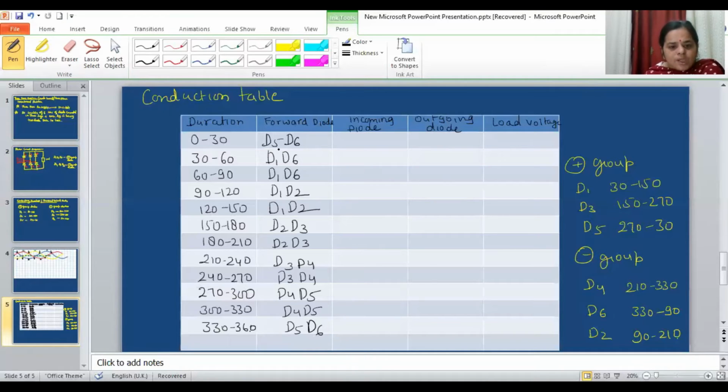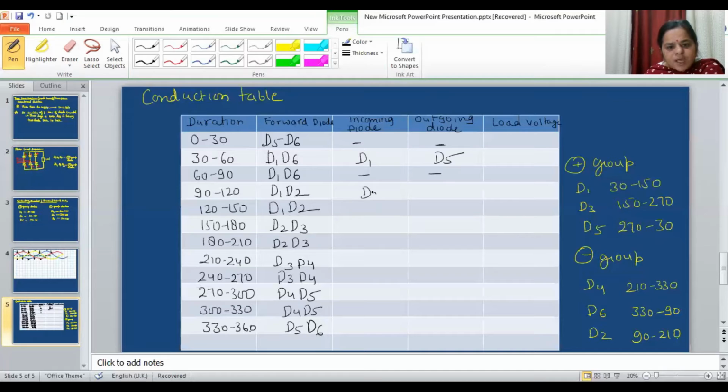Now here the incoming diode is not any, because the duration before 0 is this, so there is no incoming, since here also D5, D6, and 0 to 30 also D5, D6. Outgoing also there is none. Here, the new diode coming into the picture is D1 and the outgoing diode is D5. Here nil.